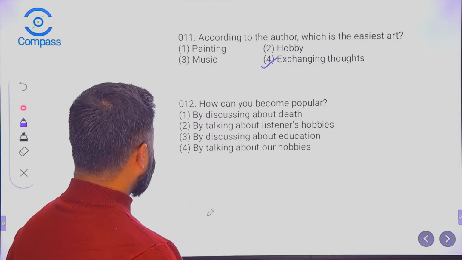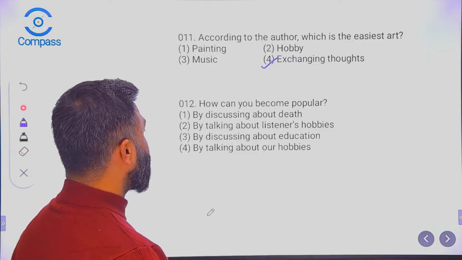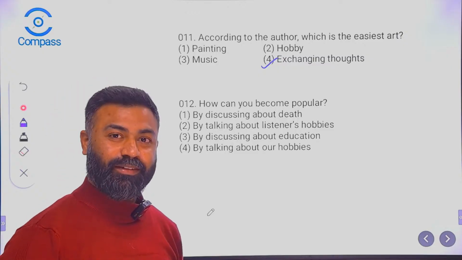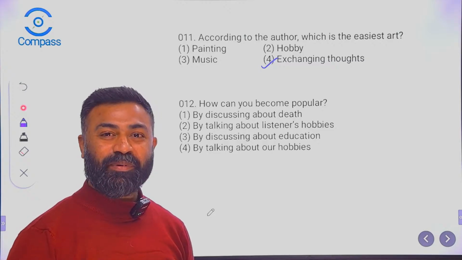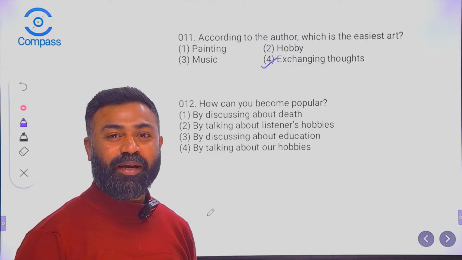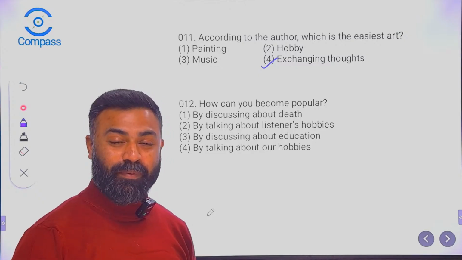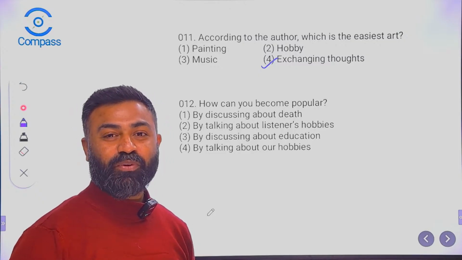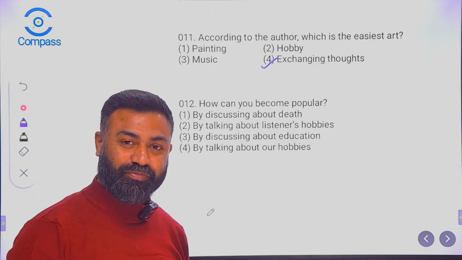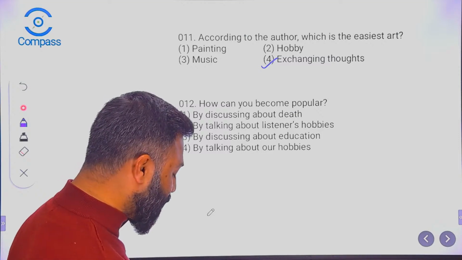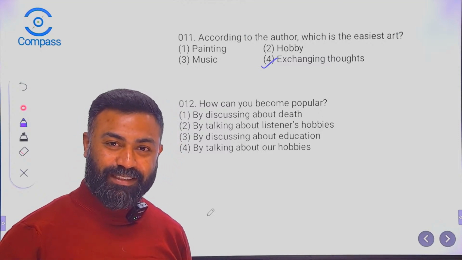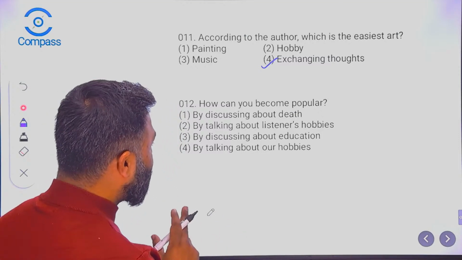Question number 12. How can you become popular? By discussing about death. That's a very cool topic, right? You want to discuss about death, but can you become popular by discussing about death? No, people will be scared of you. Nobody would want to come and talk to you. People will refrain from talking to you because you are spreading something unpleasant. So it cannot be the first one.